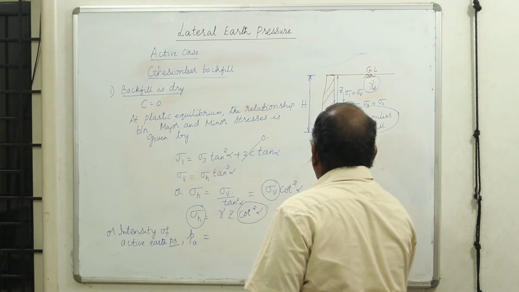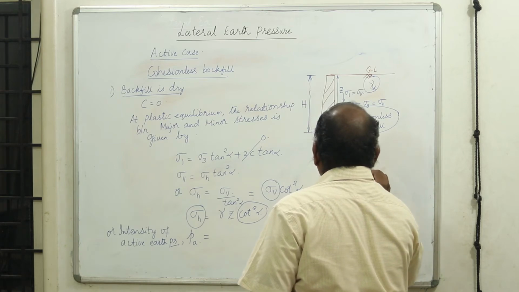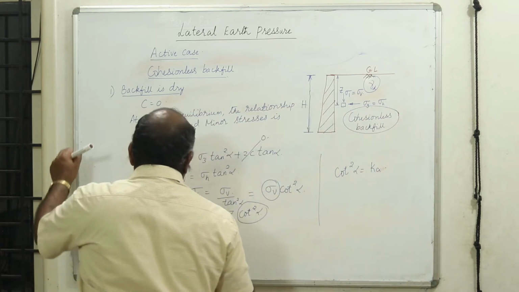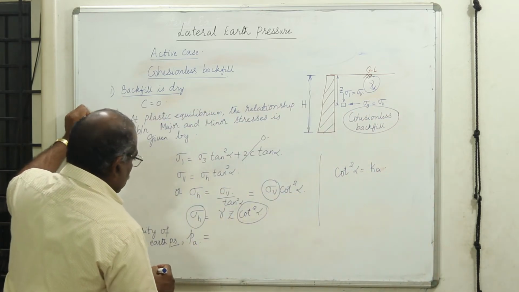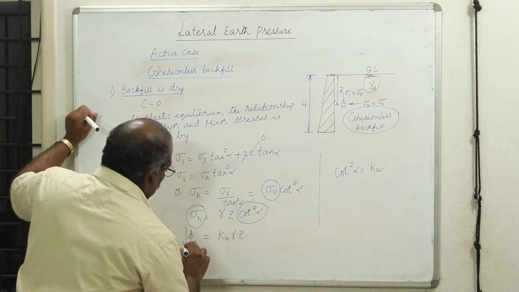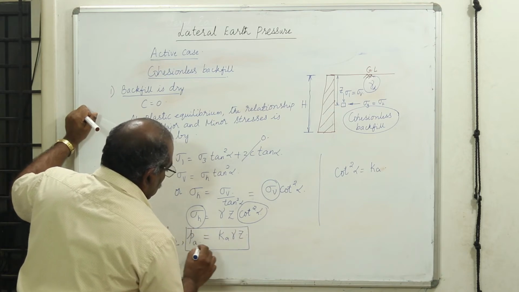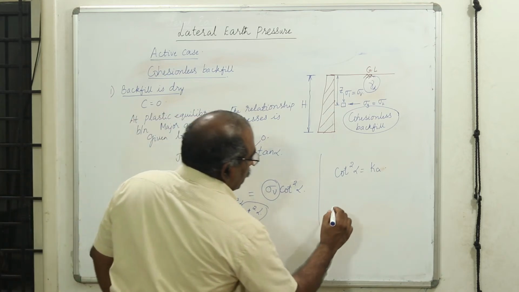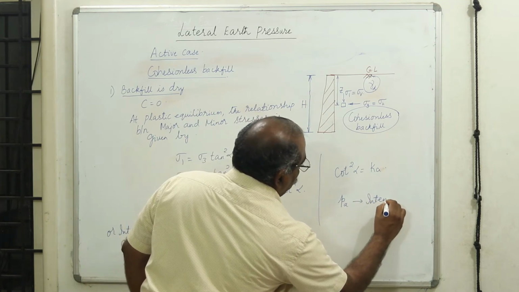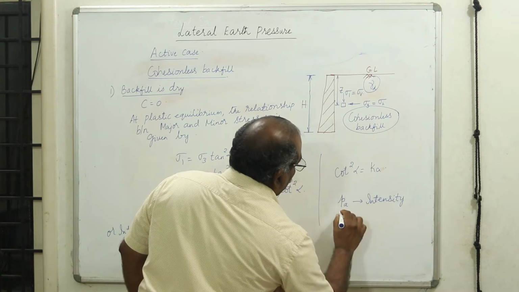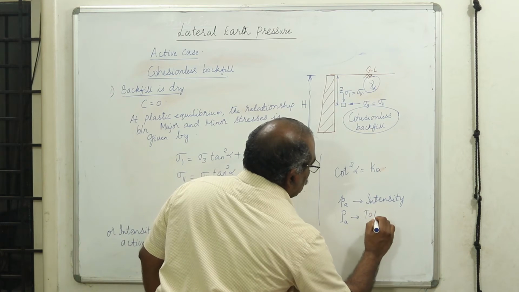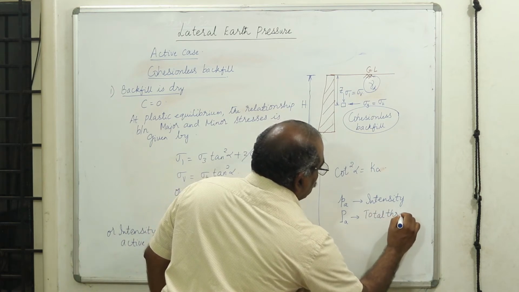We already discussed that cot square alpha is nothing but Ka, in the previous portion. Therefore this becomes Ka gamma z. This is the intensity of earth pressure. Please note down the difference between the letters: small pa means intensity, capital Pa is the total thrust. We will be trying to do that.